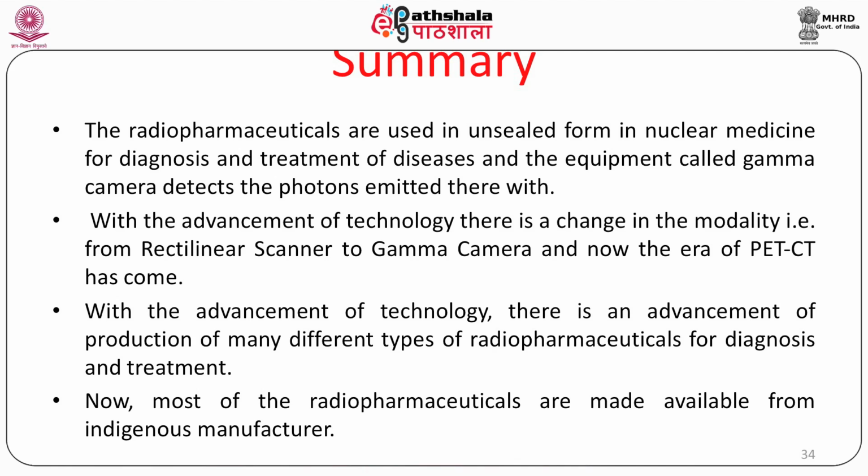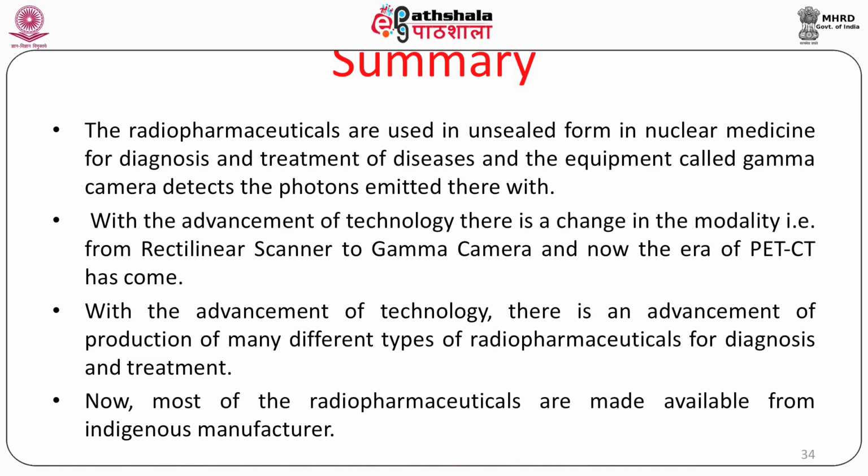With the advancement of technology, many different types of radiopharmaceuticals are being produced for diagnosis and treatment. As we have reached from gamma camera to PET-CT, initially we used to talk about technetium labels, but now for treatment purposes, various new radiopharmaceuticals are available.